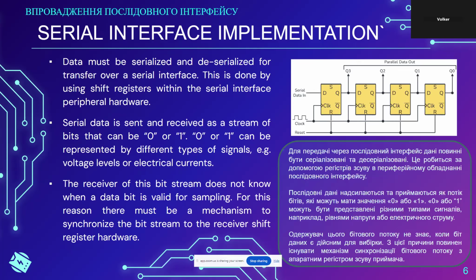It used to be, in the age of teletypes, the 20 milliamp current loop was very common. Nowadays, generally, we use 5 volts and 3.3 volts for signaling in microcontroller circuitry.